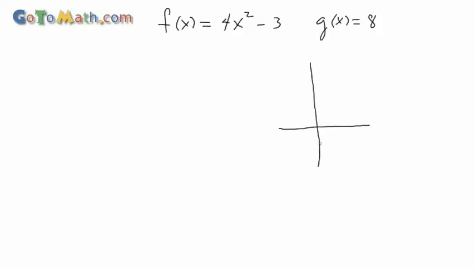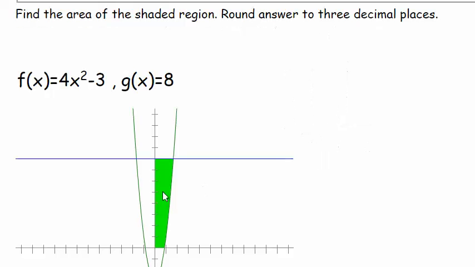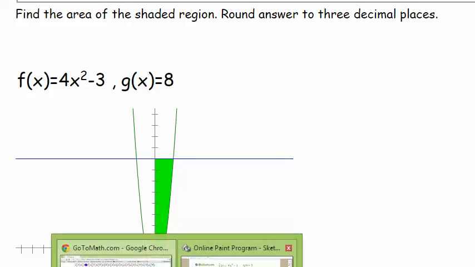Alright, minus 3, so we've got a parabola. We'll say that this is minus 3 down here. Y-intercept, comes up, does something like that. Hold on. So we're looking just for this piece here. Okay.